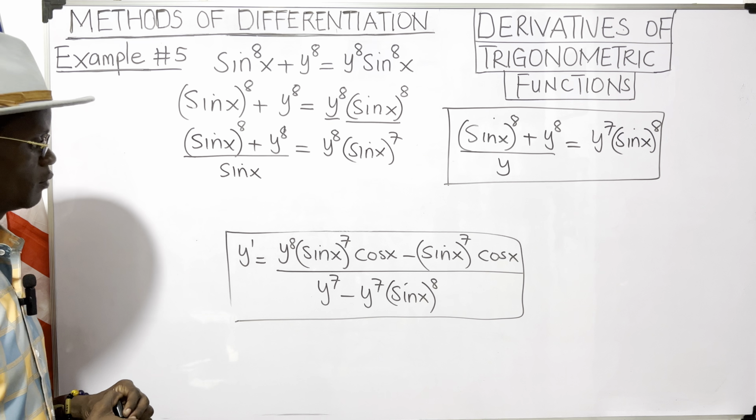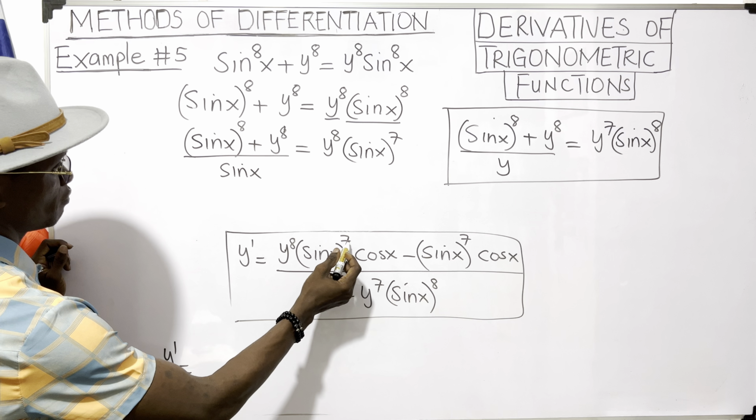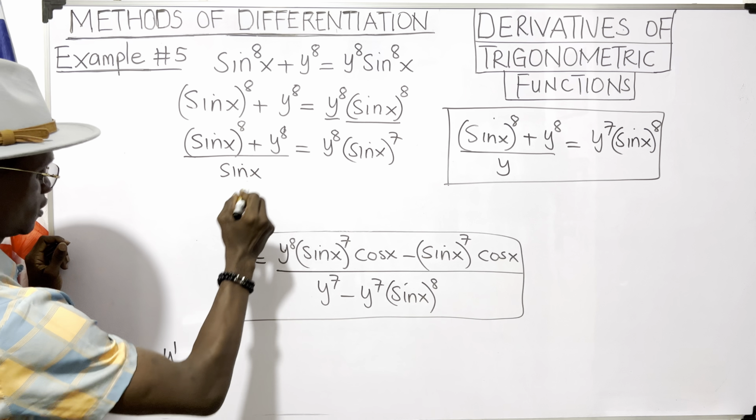Now we can replace. So if we do replace, what do we get? Let's replace. Let's see where we can put it. We just put it down here. So y prime now equals. So this y to the 8th sine of x raised to the 7th power is just this.